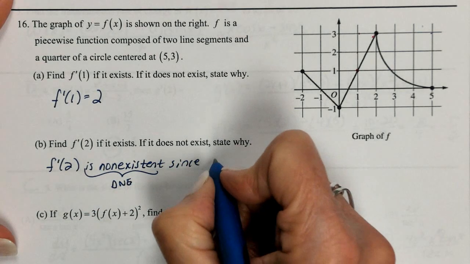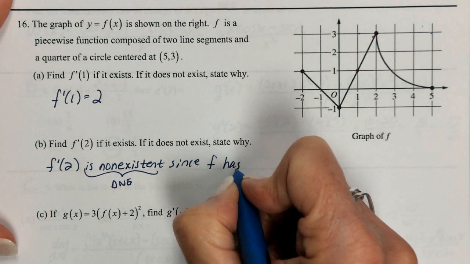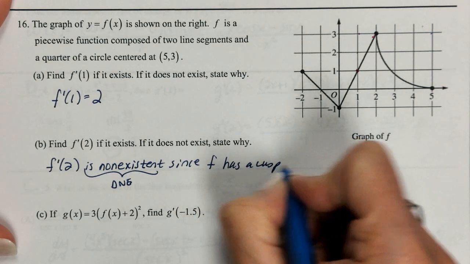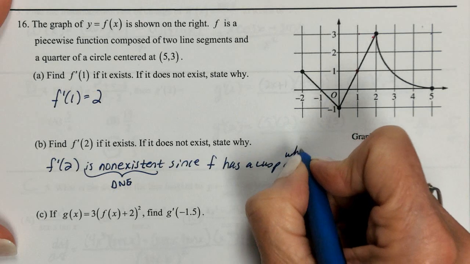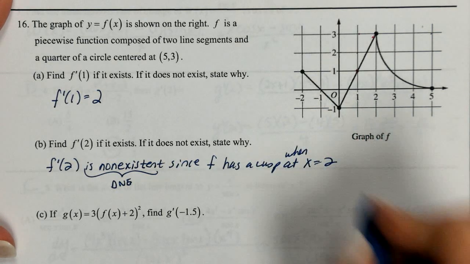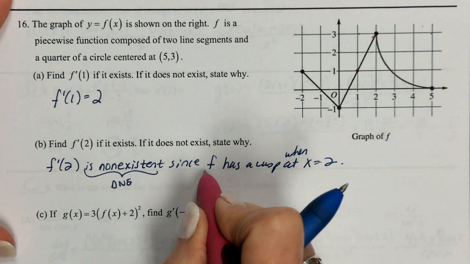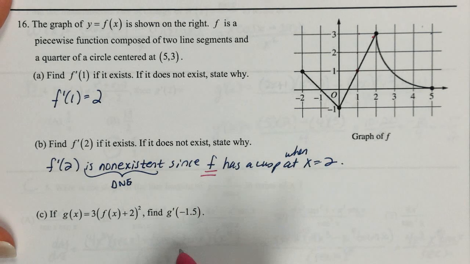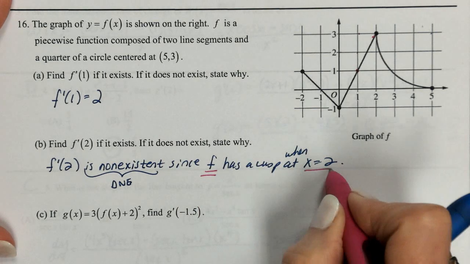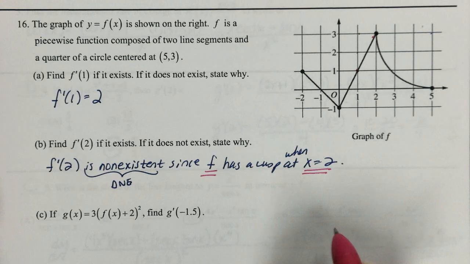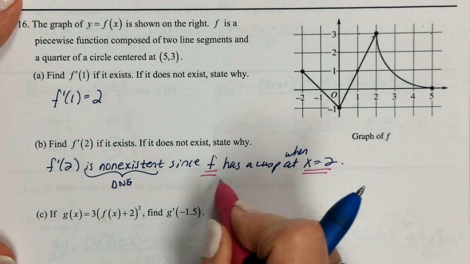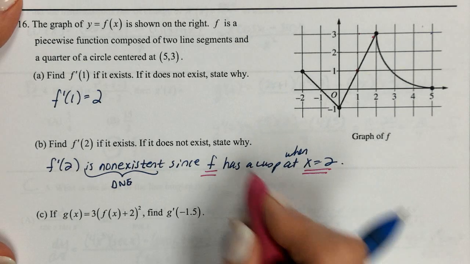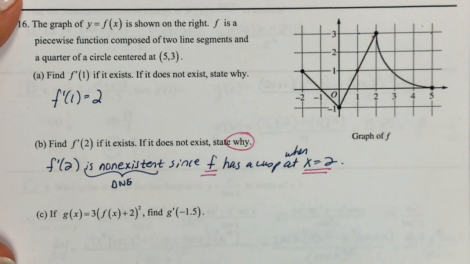Since f has a cusp at x equals 2, or when x is equal to 2, at or when. Okay, you must state the name of the function where the cusp is, and you must state the x coordinate where the cusp is. All right, those are required in this explanation.